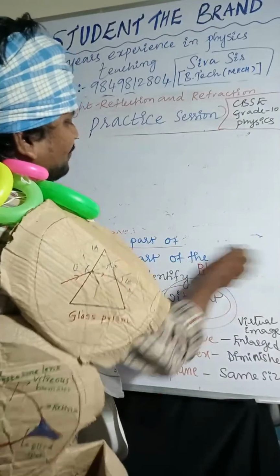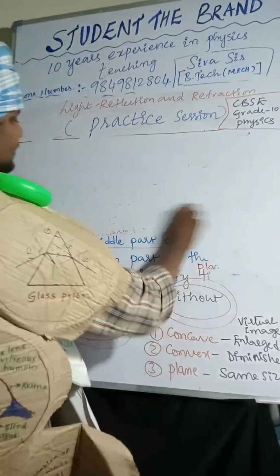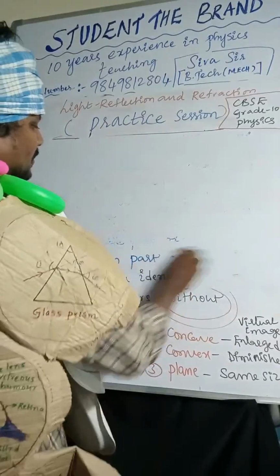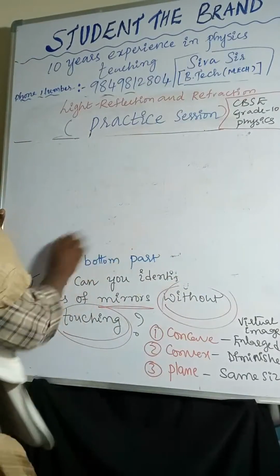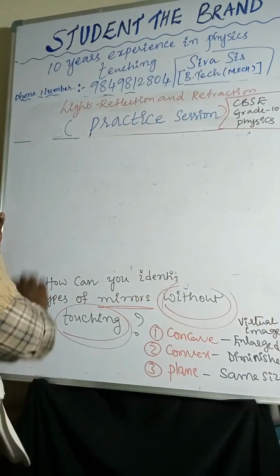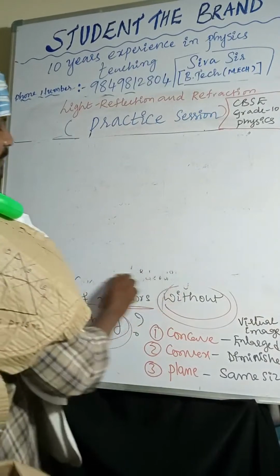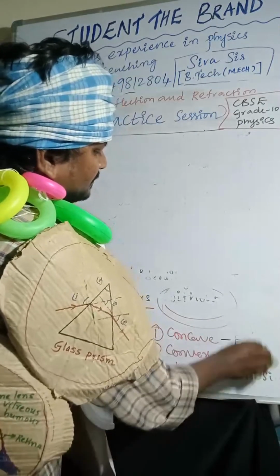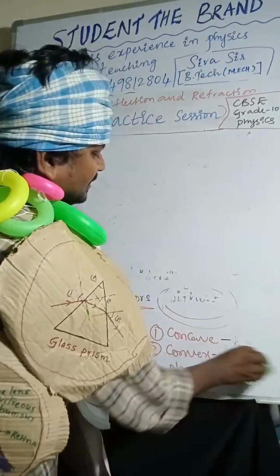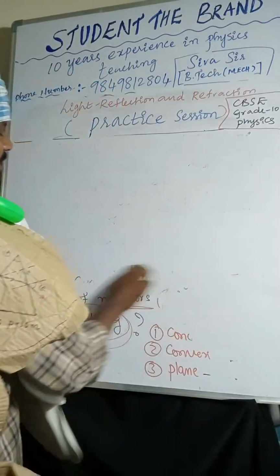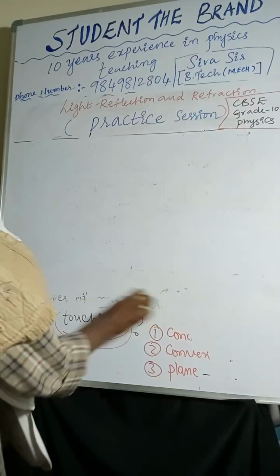Scatter means moving away from the principal axis. Instead of converging, it should move away from the principal axis. How does it happen? I will explain now. One side is a concave lens, another side is convex. That is your doubt, right? Yes. Now we can see.